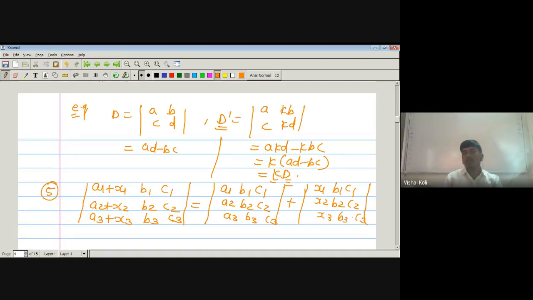Okay, so this will be the fifth property. The determinant of the left hand side must be equal to the sum of the determinants on the right hand side.